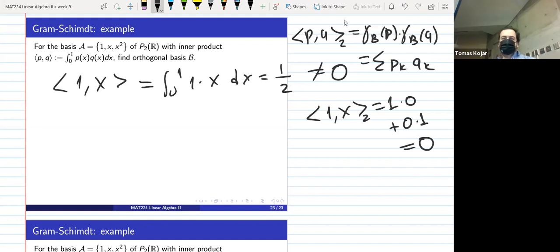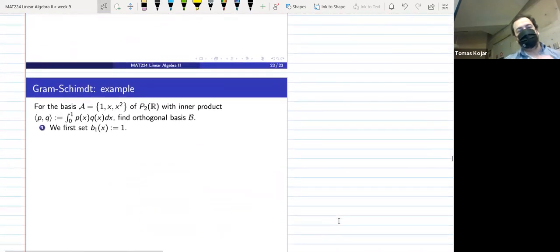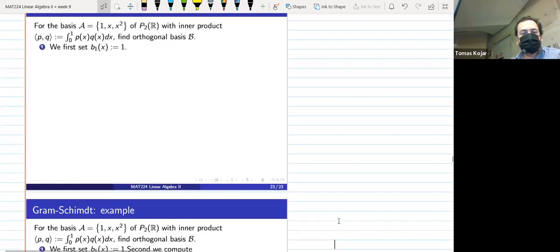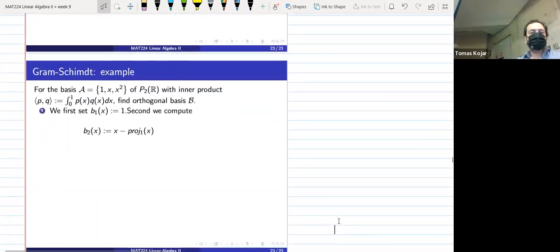It's just how you measure things. So here we use a different measurement. All right, so for orthogonality, the first step doesn't matter, just pick one. So B1 is 1. And then to find B2, you will remove the projection.